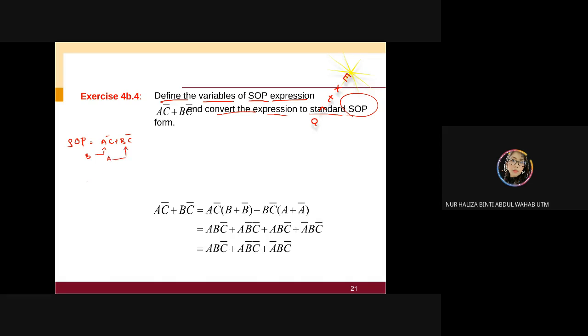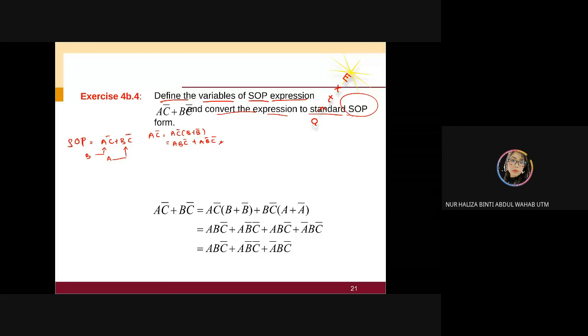It's easy for me to do. I have term 1, AC bar. I'm going to multiply with my B plus B bar. Then I get A, B, C bar plus A, B bar, C bar.